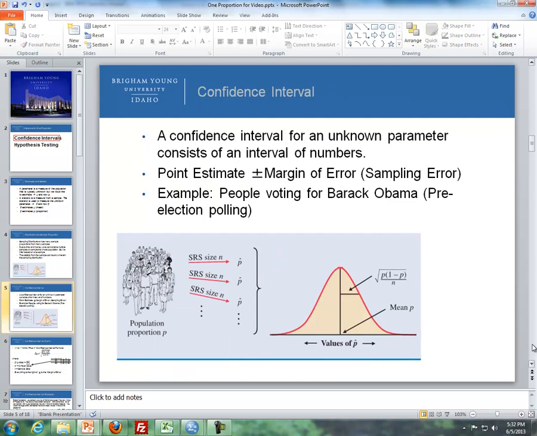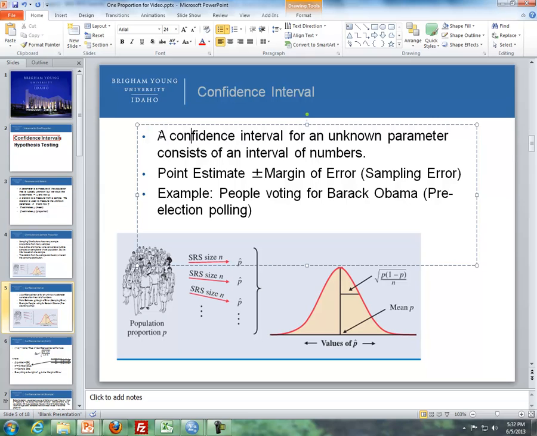Okay? So what we're going to be covering is a confidence interval. We're going to get an estimate of our population proportion by creating a confidence interval. We've done this before with a population mean, but now we're going to do this with a population proportion. As a review, a confidence interval for an unknown parameter consists of an interval of numbers. It deals with a point estimate, plus or minus a margin of error.